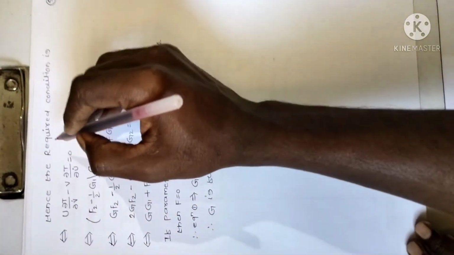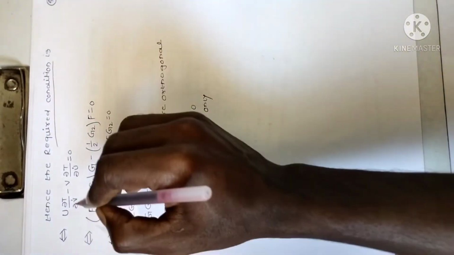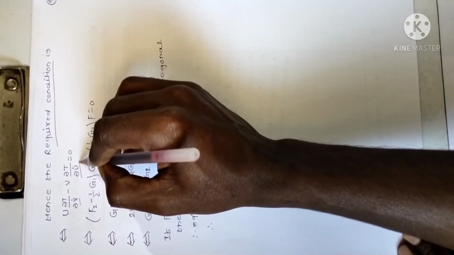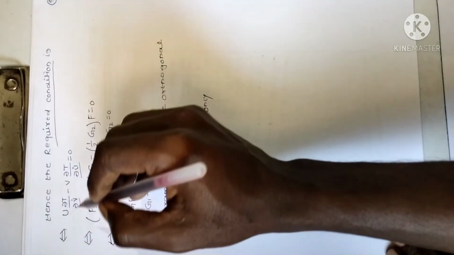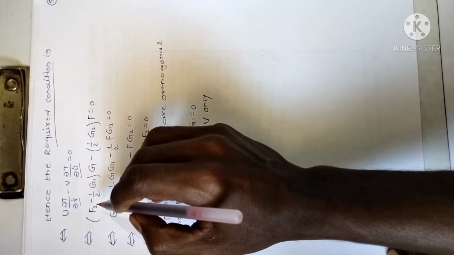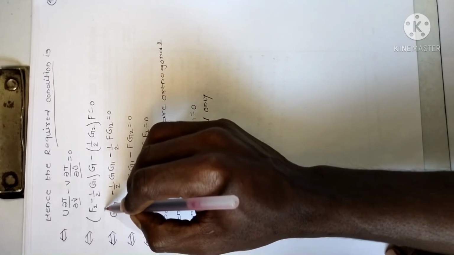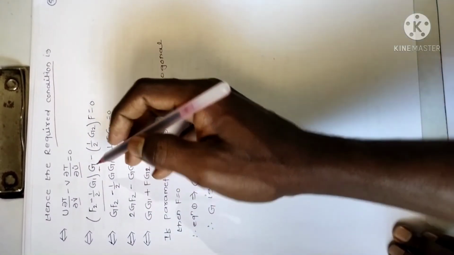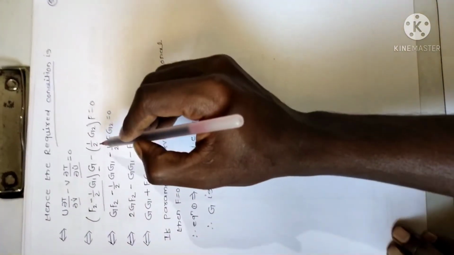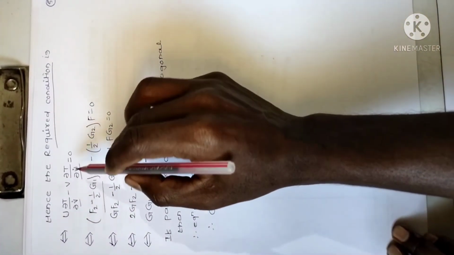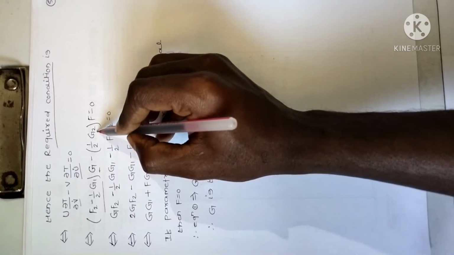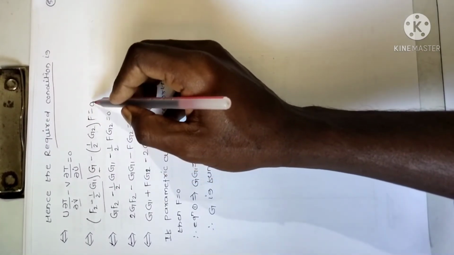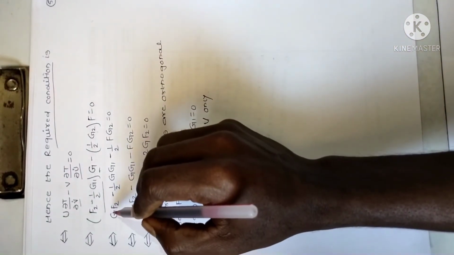Hence the required condition implies U ∂T/∂v dot minus V ∂T/∂u dot is equal to 0. So the value of U from equation 3 is F2 minus half of G1. The value of ∂T/∂v dot is capital G, minus half, the value of V is half of G2, and the value of ∂T/∂u dot is capital F, is equal to 0.